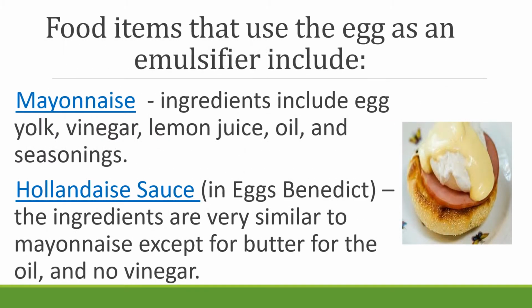Here are the food items that use egg as an emulsifier, which includes mayonnaise, and the ingredients include egg yolk, vinegar, lemon juice, oil, and seasonings. As well as hollandaise sauce that is used in eggs benedict. The ingredients are very similar to mayonnaise except for butter for the oil and no vinegar.